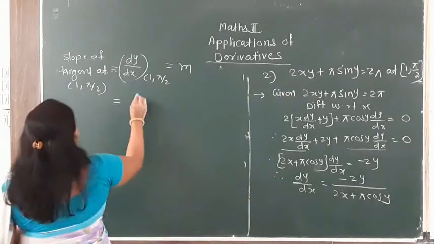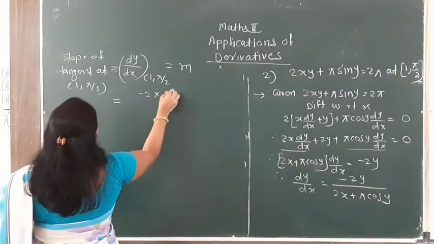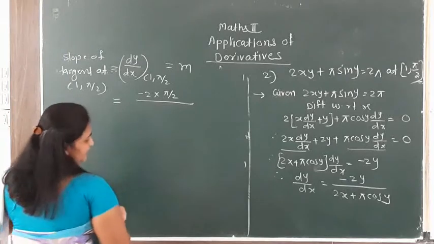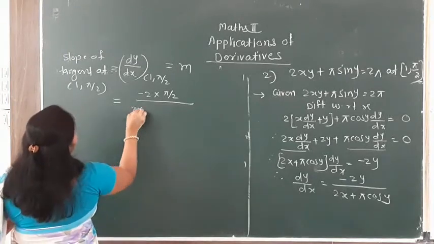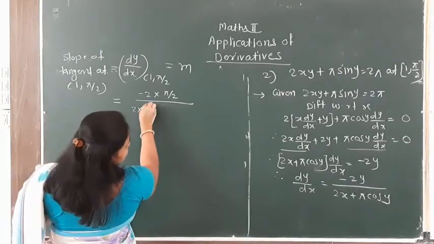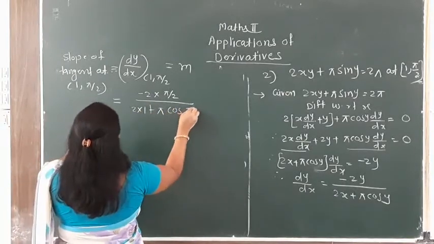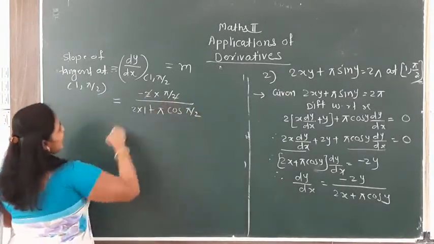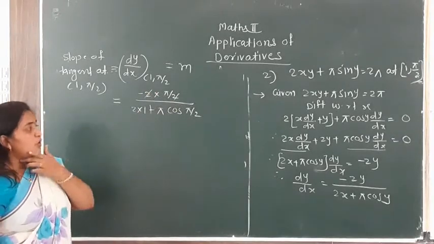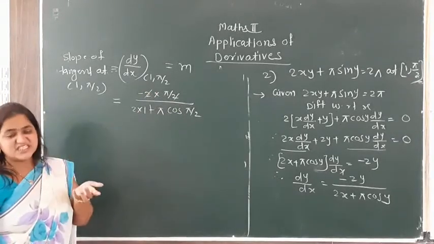So −2 multiplied by π/2, divided by 2 multiplied by 1 plus π multiplied by cos(π/2). So the 2 is cancelled out. Now what is cos(π/2)? It is 0.